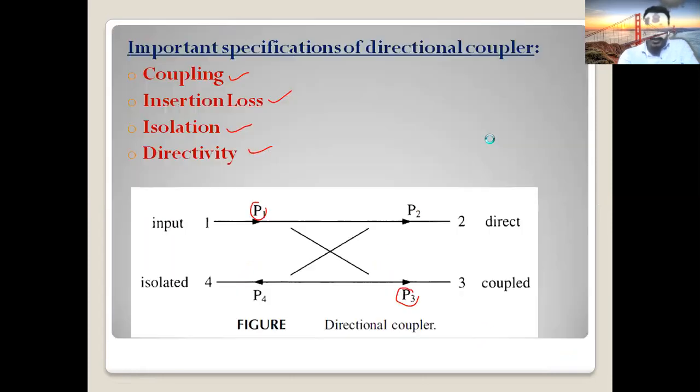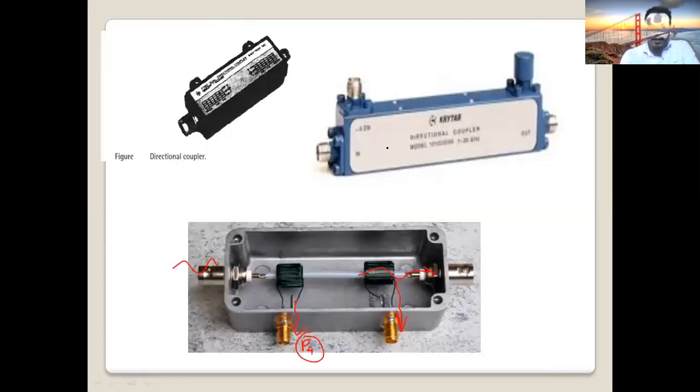When you apply a 10 milliwatt signal as input, 1 milliwatt is sampled because this coupler has C equal to 10 dB. So C determines how much power is coupled to the coupled transmission line, P3.